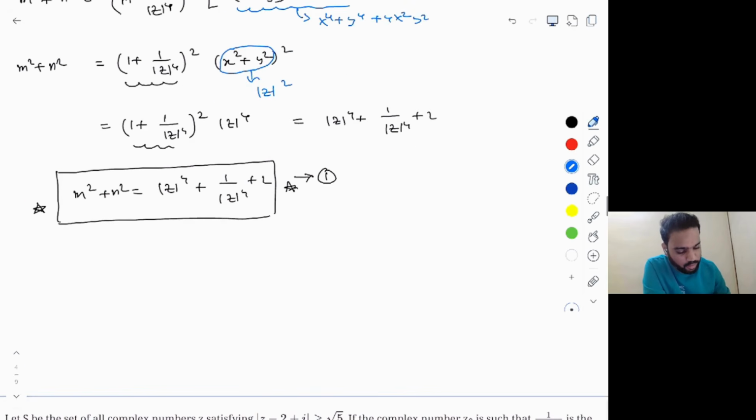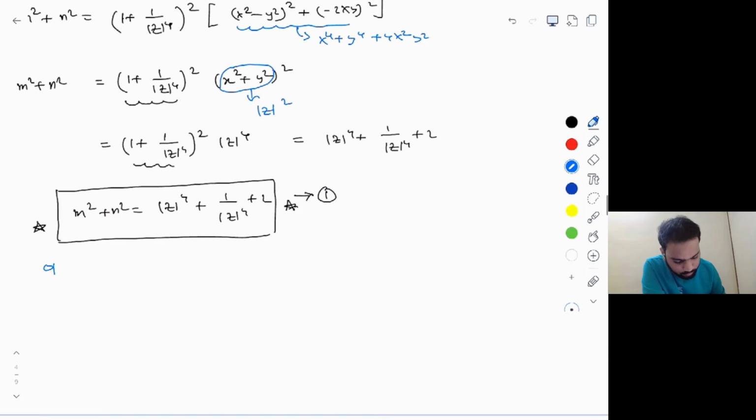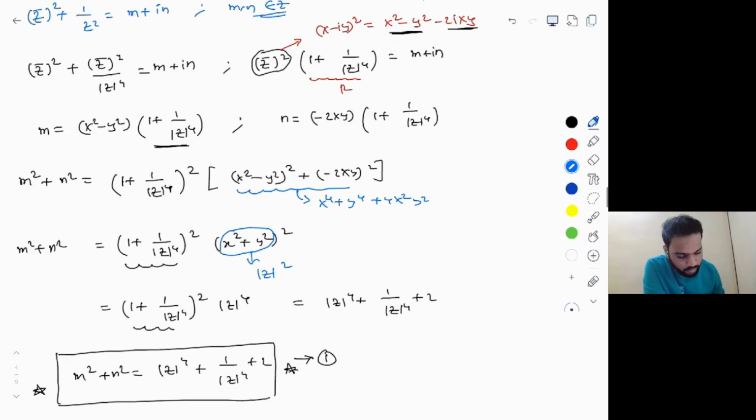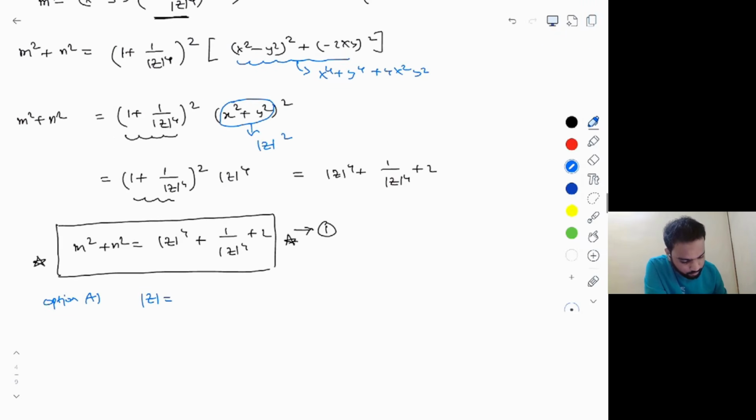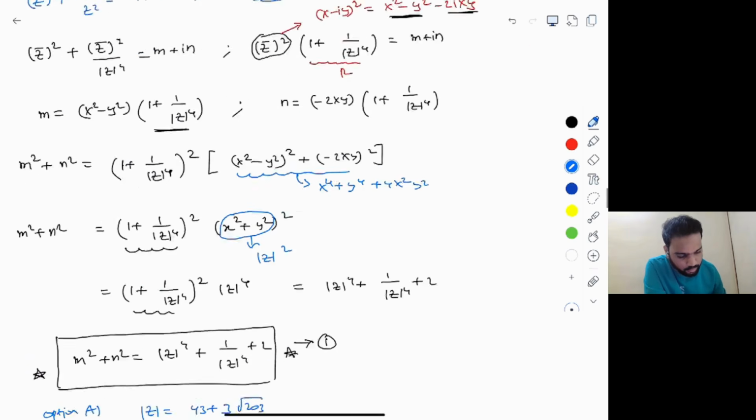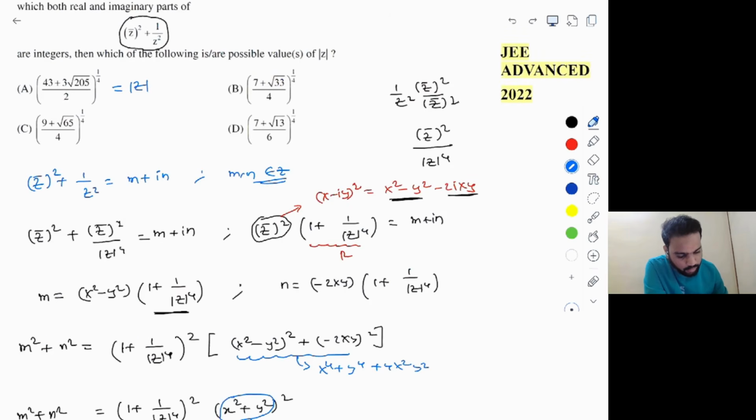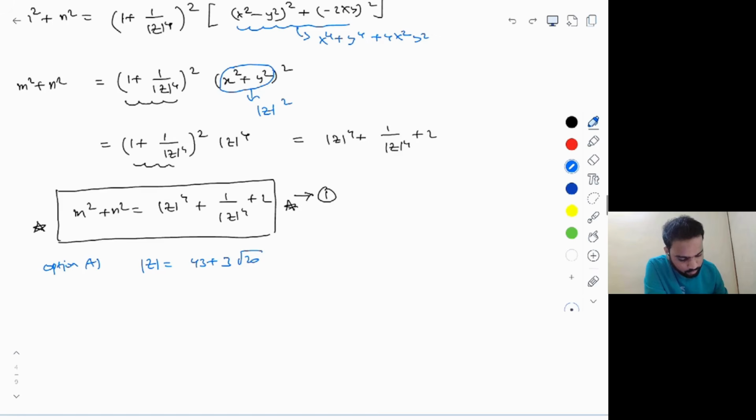So let's take option A, given that mod z value is 43 plus 3 into square root of 205 divided by 2, whole to the power of 1 by 4.